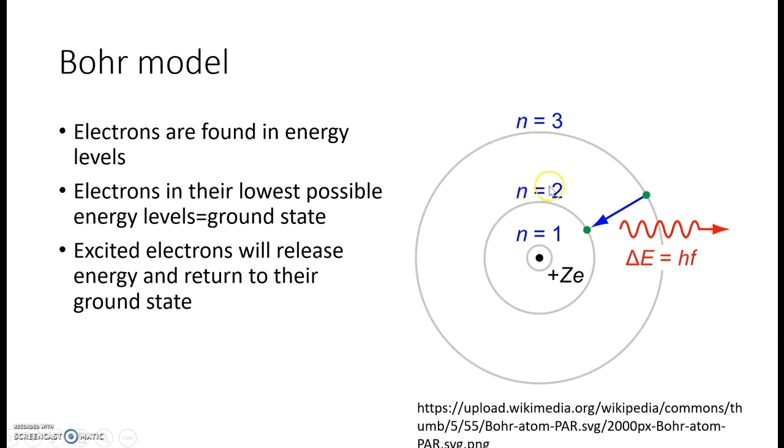So for example, if we were saying that this is the hydrogen atom, you would expect that normally the electron would be in its ground state in the first energy level. But if it's hit with enough energy, then it could possibly go maybe to the second energy level or the third energy level. But when it goes up to these higher energy levels, it's called an excited electron.